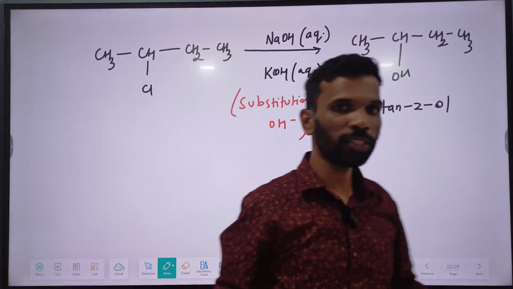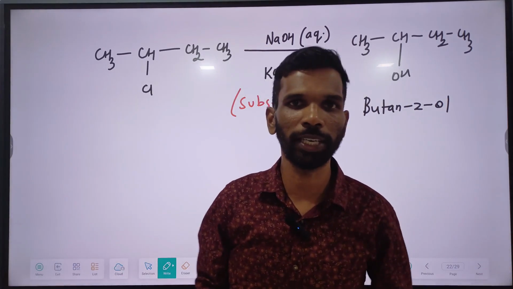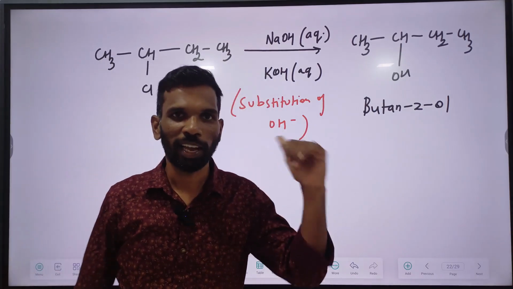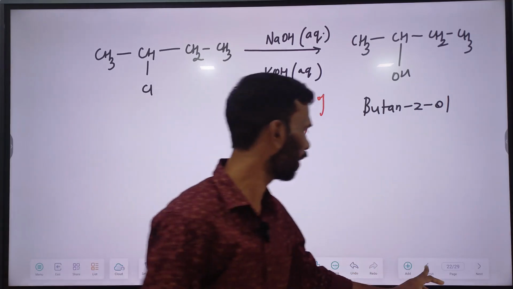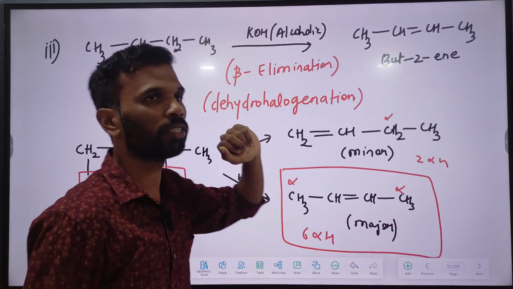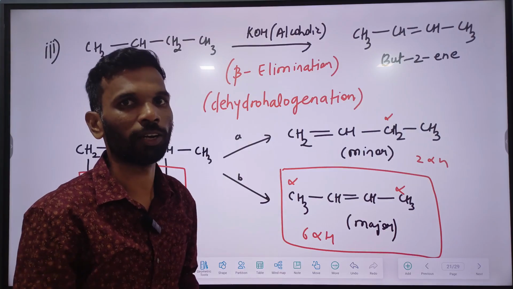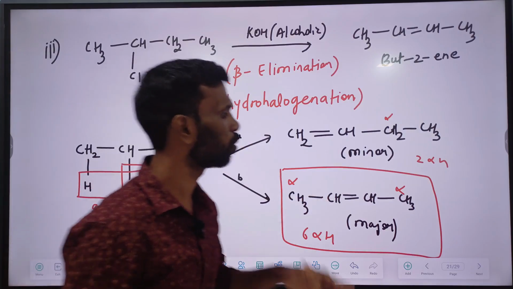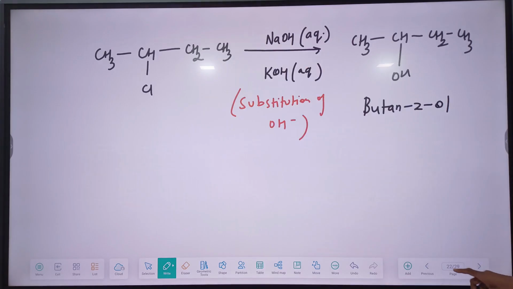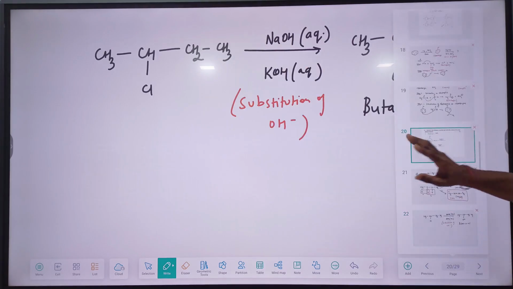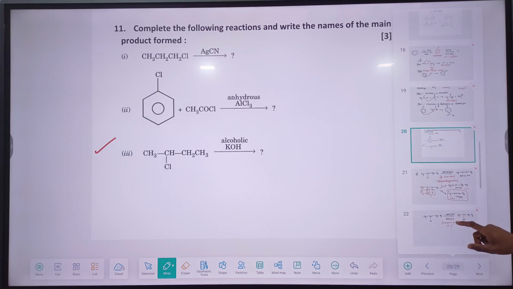If it is aqueous and the base, it is a substitution reaction, and if it is the base and alcoholic, written ALC, or they mention alcohol, understand it will undergo elimination reaction. Yes, all 3 reactions are sorted over here.